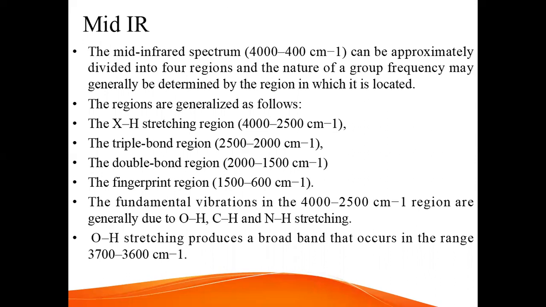The XH stretching region, which is present between 4,000 to 2,500 per centimeter, the triple bond region, which is present between 2,500 to 2,000 per centimeter, the double bond region, which is present between 2,000 to 1,500 per centimeter, and at the end, the fingerprint region, which is present between 1,500 to 600 per centimeter.